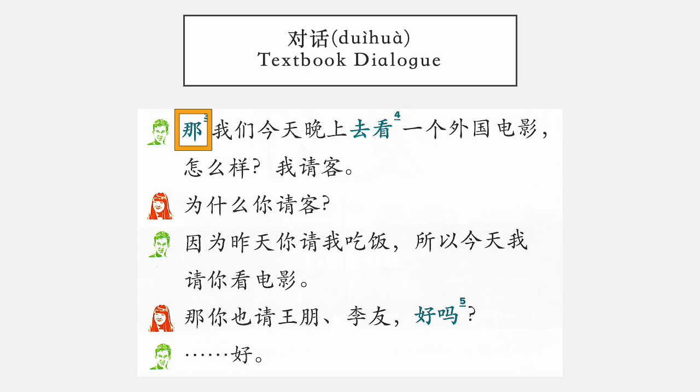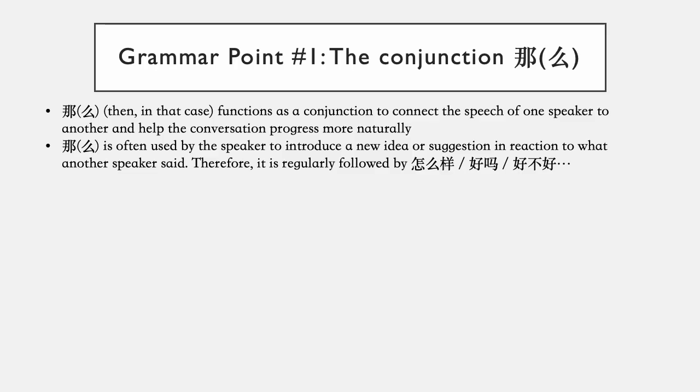The first grammar point we're going to look at here is the conjunction na, and it's said by Gao Wenzhong at the top of the slide here. He says, 那我们今天晚上去看一个外国电影，怎么样？我请客。So let's look a bit closer at this grammar point.